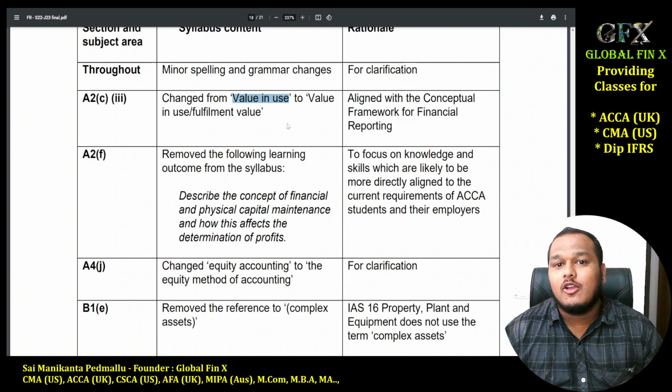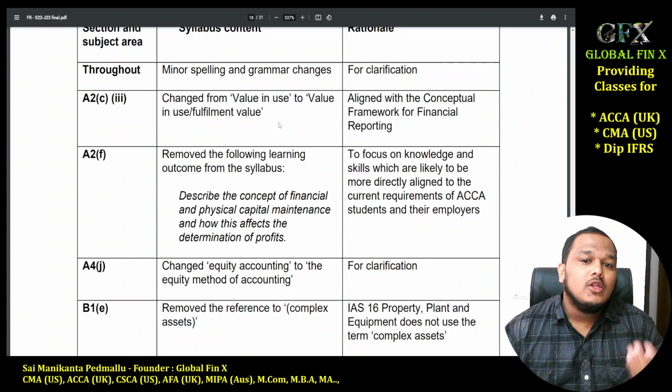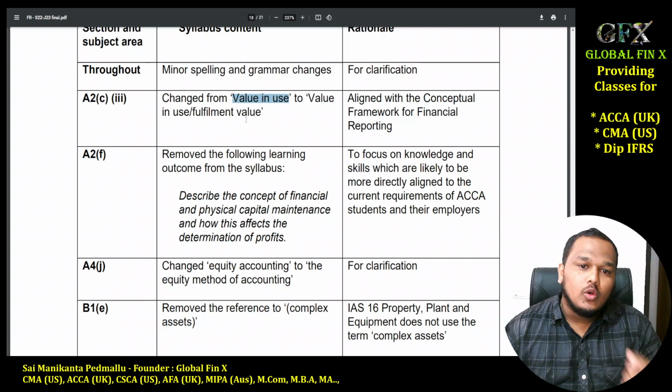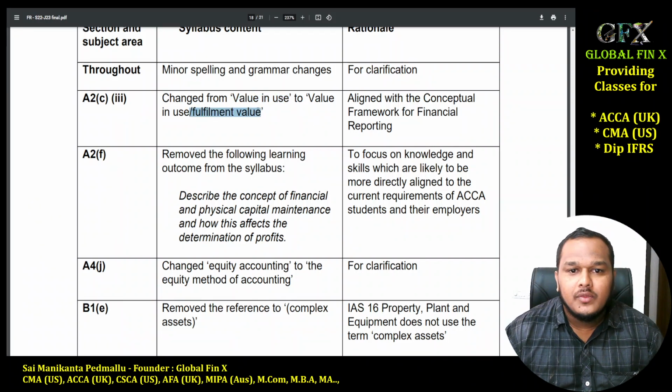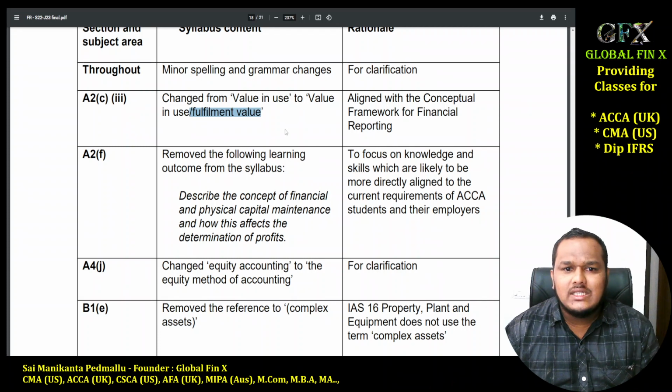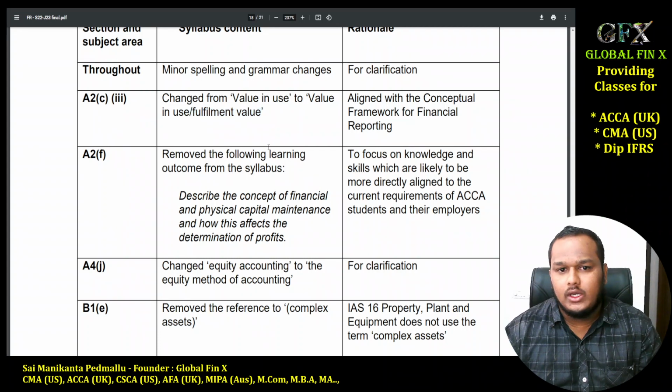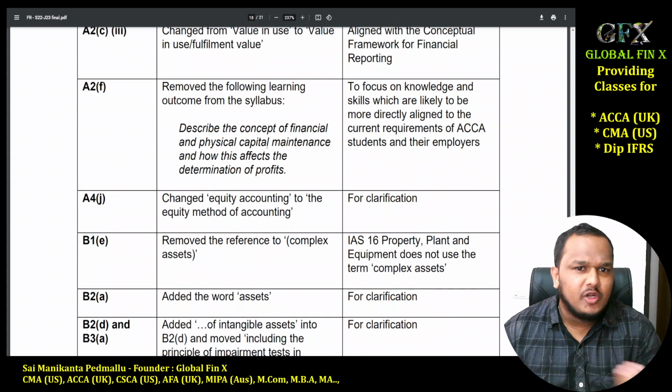Recoverable amount is the higher of fair value less costs of disposal, or value in use. The term value in use has been updated to also include fulfilment value. This is just a terminology change. There is nothing you need to worry about, and nothing new you need to learn on this.